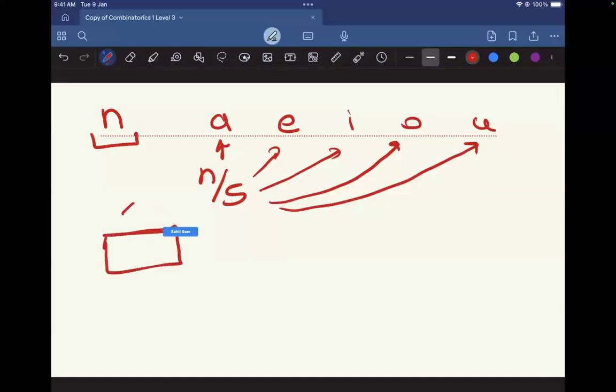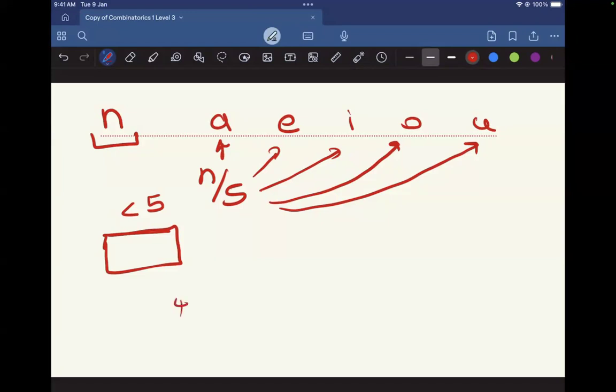Do you guys agree this amount would be smaller than 5? Because if it was greater than or equal to 5, we would just have one more frequency of A, E, I, O, U. Yes? All right.